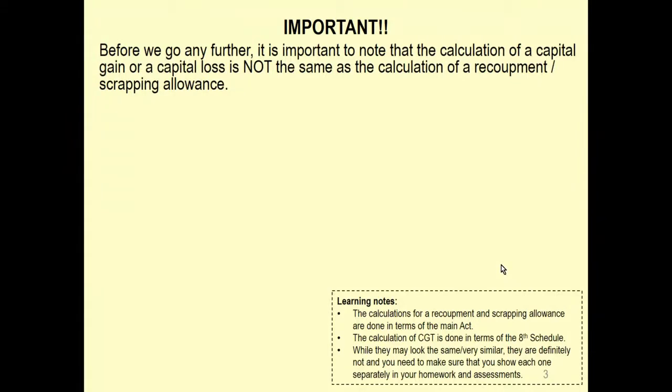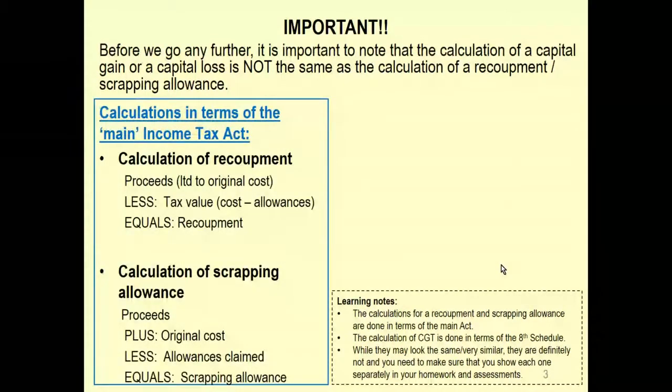It is not the same thing as calculating a recoupment or scrapping allowance. They look similar, and you might use the same amounts to do these calculations, but they are definitely not the same thing. If I calculate a recoupment, I have to use section 8(4)(a).